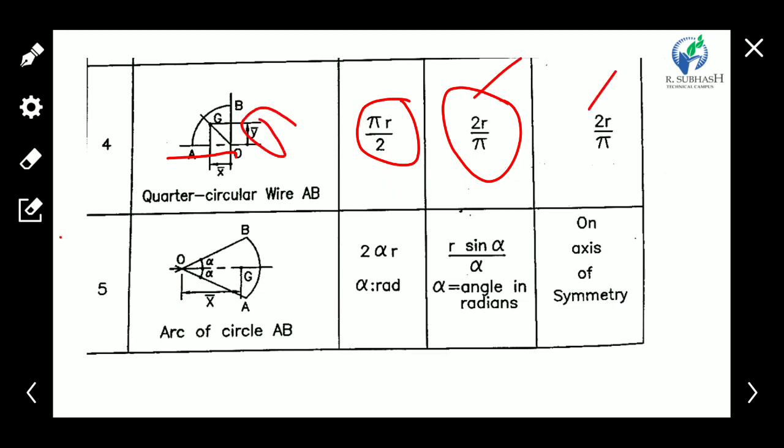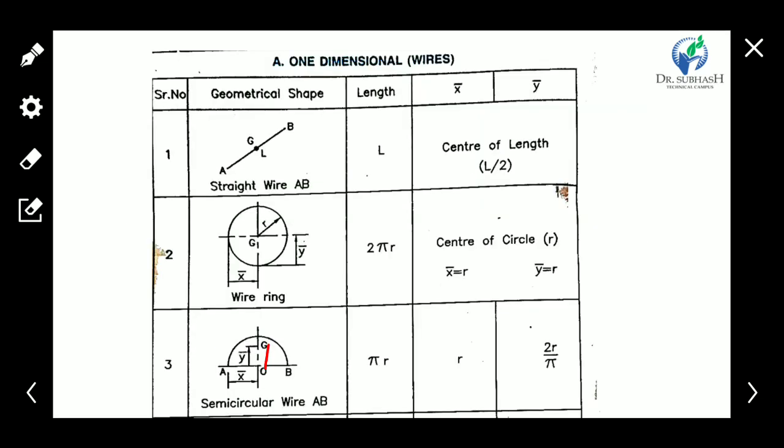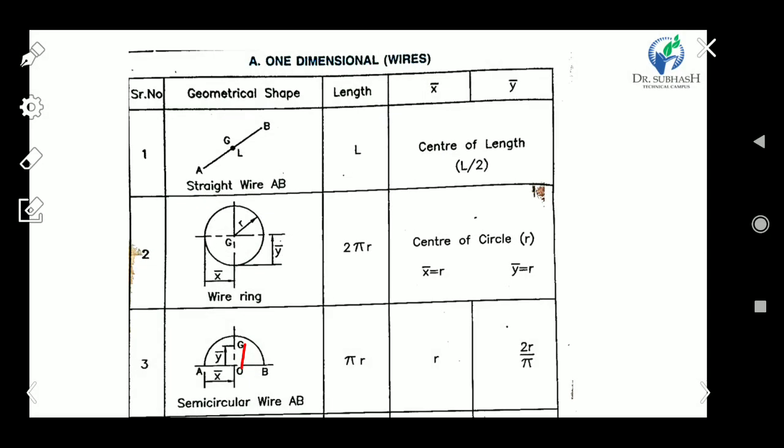So this distance x bar and y bar applies for quarter circle and semicircle, for wire, for lamina, and for spheres, squares, cubes. For all regular geometry we have to remember the equations of center of gravity, that is x bar and y bar. Clear?